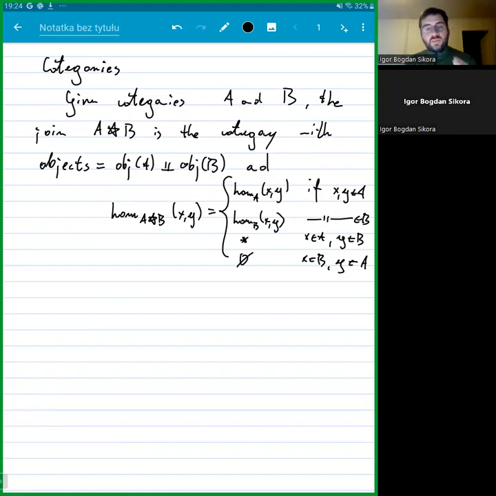Same for the top. But if we have an object on the bottom and an object on the top, then a morphism from the bottom to the top consists of one single morphism. And we cannot go down from the top to the bottom. In particular, it is important here that this construction is not symmetric.